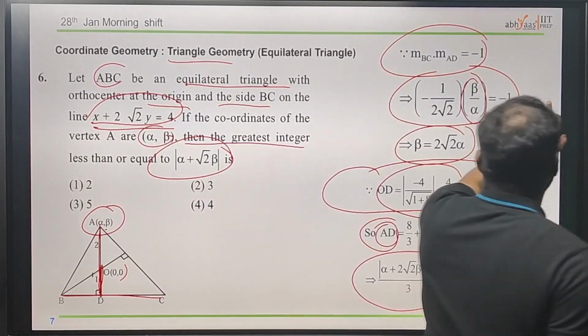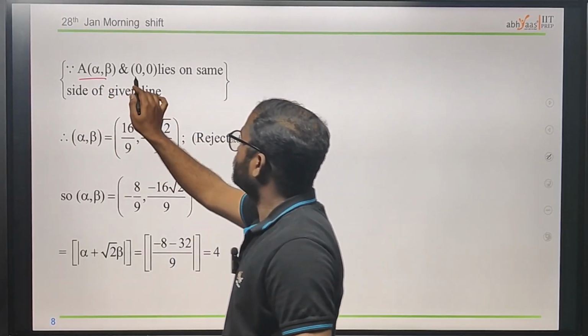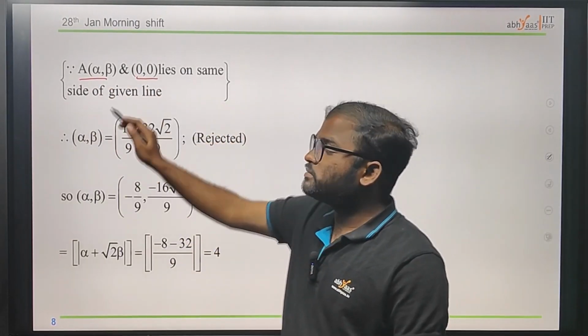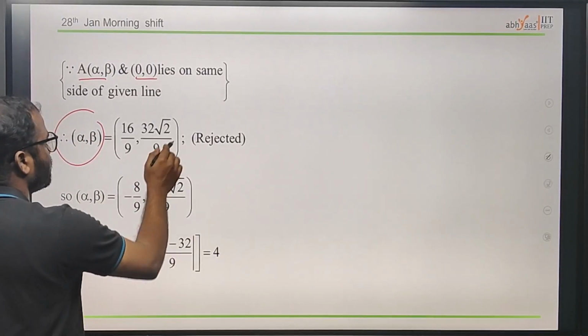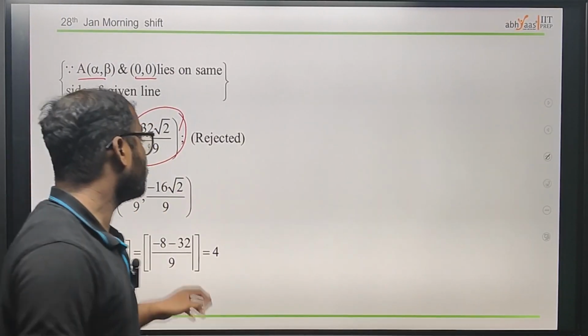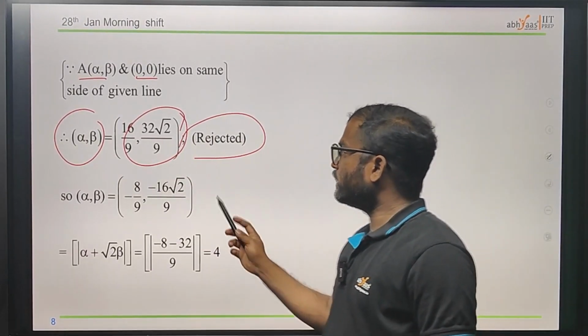Now next, since A and the origin lie on the same side of the given line, alpha beta can be written as 16 by 9 and 2 root 2 by 9, and the other one is rejected. Therefore we can take only this one.